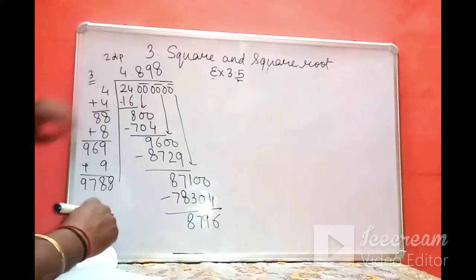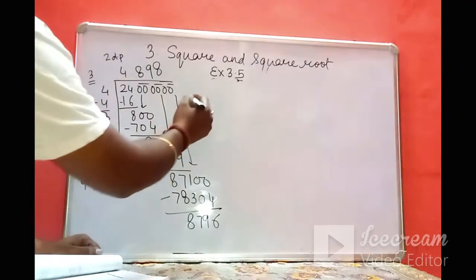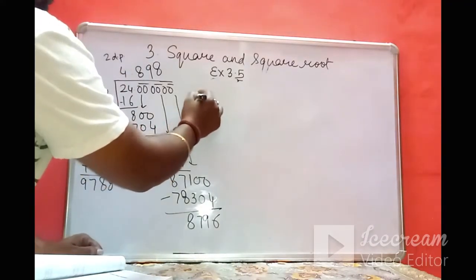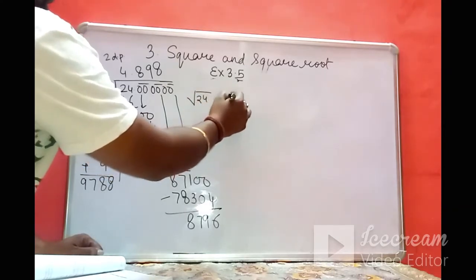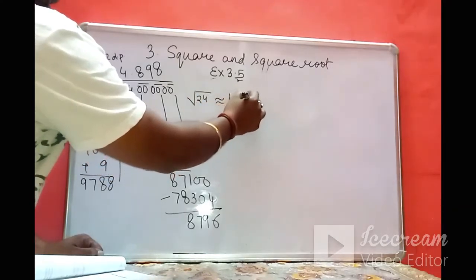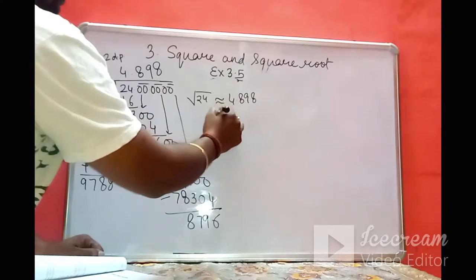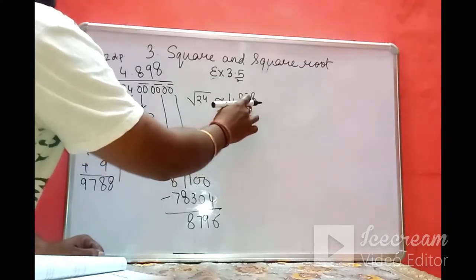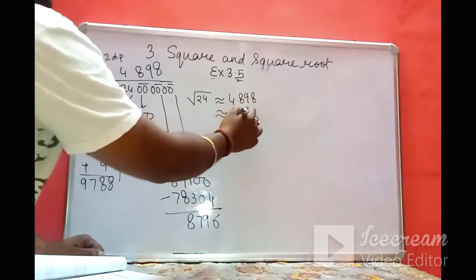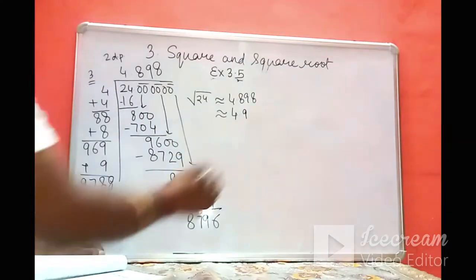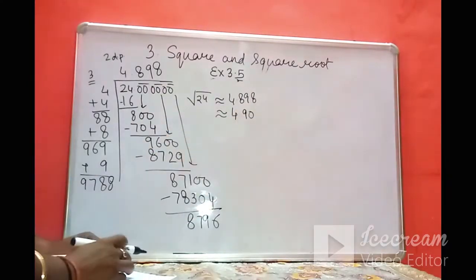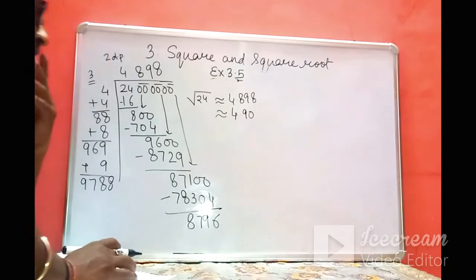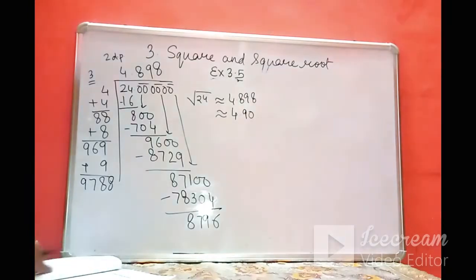So finally we got this answer. So how do we write the result? Like we have written, the square root of 24 is approximately 4.898, and since it is approximate, I will round it up, it becomes 4.9, and you can put a 0 also. So this is the approximate value of root 24.